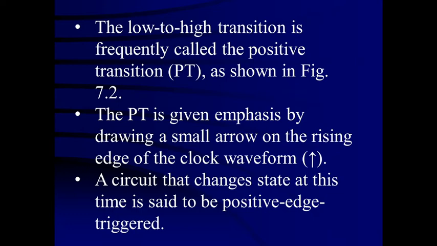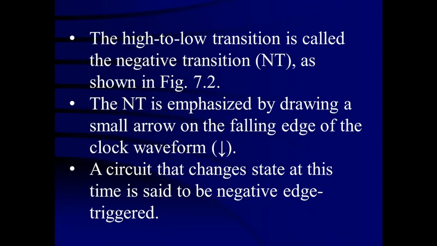That means on a positive transition, the circuit is going to respond. On a negative edge, that kind of circuit is not responding. There may be another circuit which may be negative edge triggered. A circuit that changes state at this time is said to be positive edge triggered.